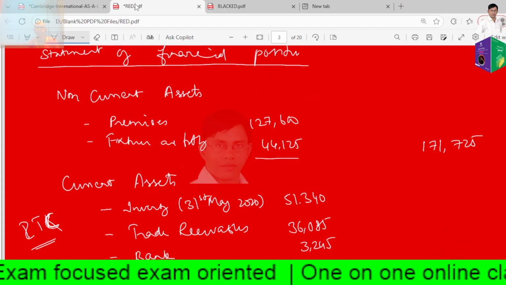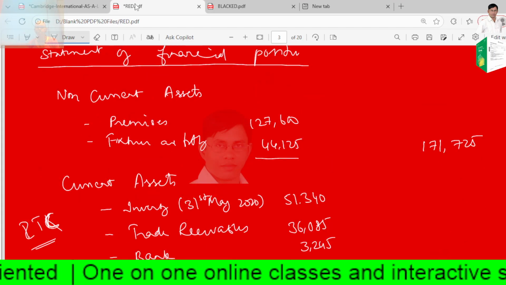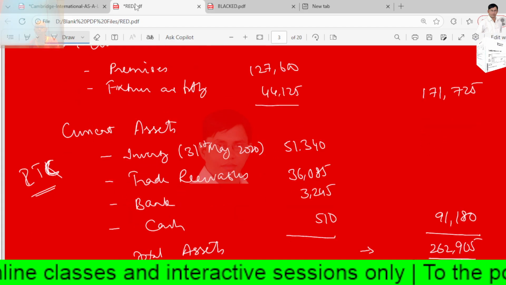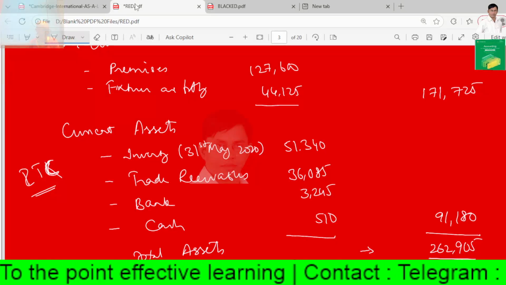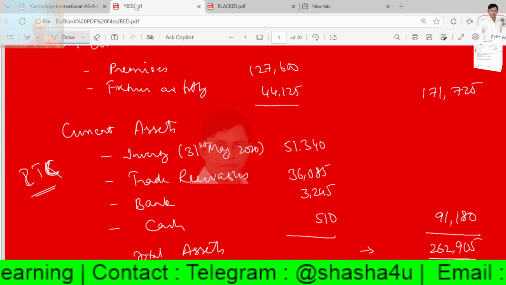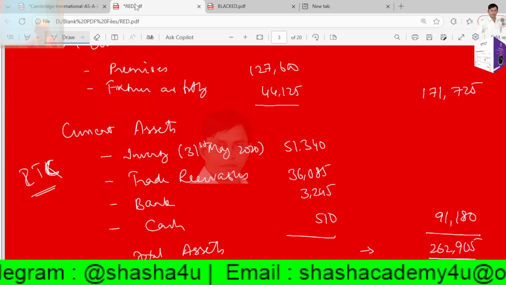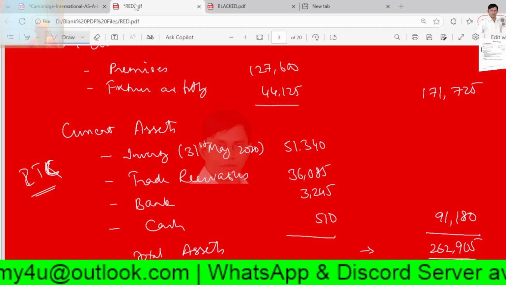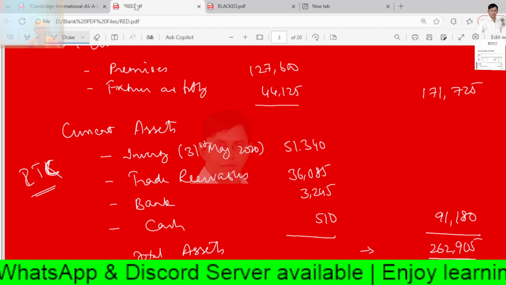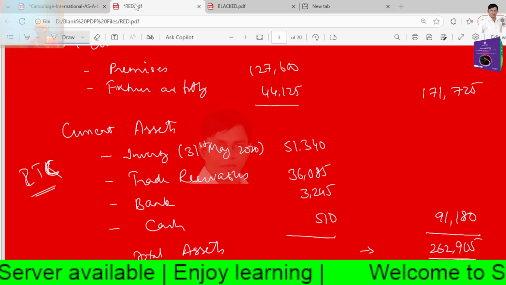Next. Total assets is 262905. So where is the difference? Minus, 70,000 difference is there. So where is it?